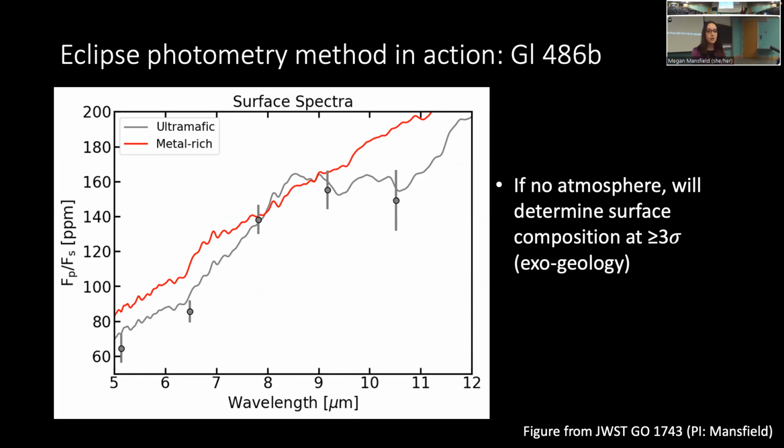So if it doesn't have an atmosphere, we'll be able to do, for the first time, what I like to call exogeology, and actually get a measurement of the surface composition of a terrestrial planet outside the solar system. So this could give us our first chance to start looking at whether planets outside the solar system have the same surface types as what we see in our own terrestrial planets.